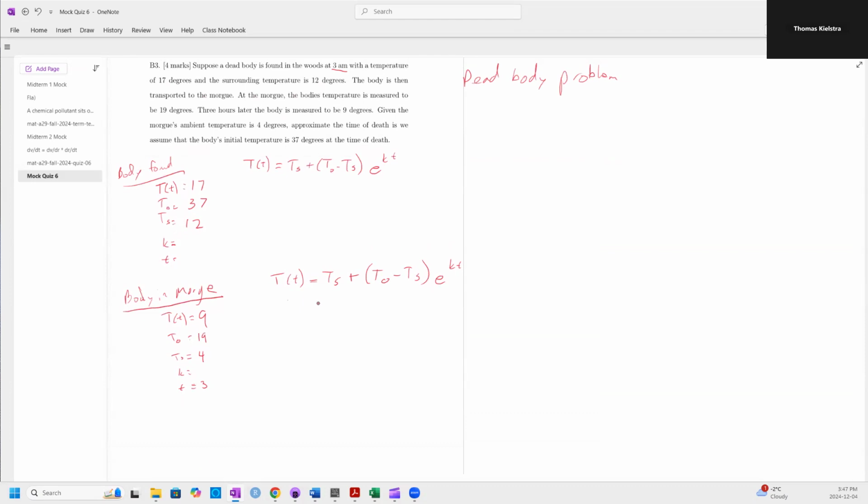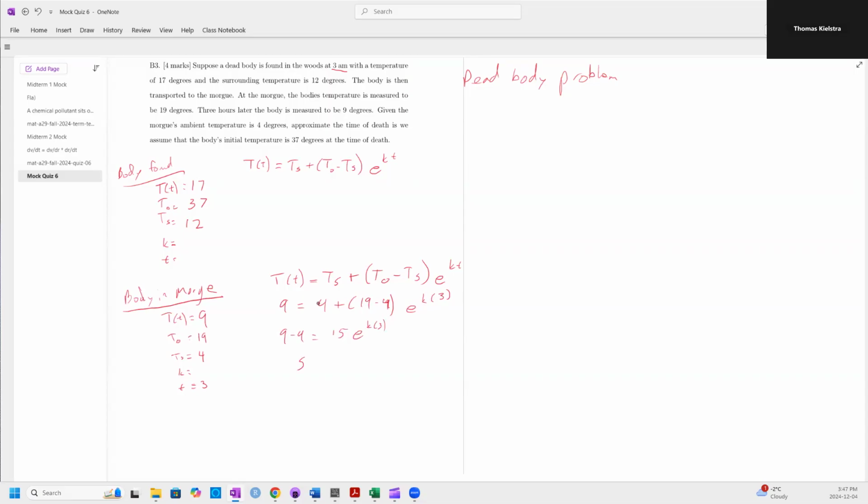So 9 equals 4 plus 19 minus 4 times e to the k times 3, because it was 3 hours later. So 9 minus 4 equals 15 e to the k times 3.